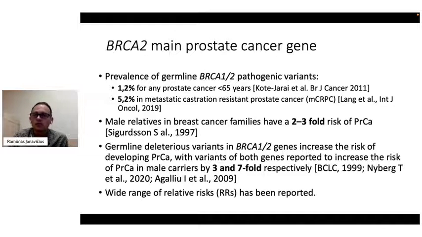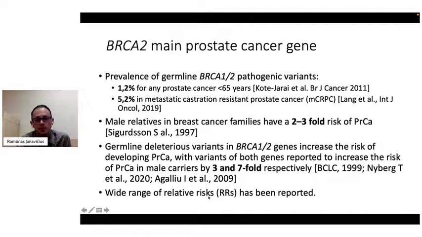It was known for a while that male relatives in breast cancer families have a 2 to 3-fold increased risk for prostate cancer. And currently estimations are that germline pathogenic variants in those genes, so BRCA1 and 2, increase prostate cancer risk 3 and 7-fold respectively.